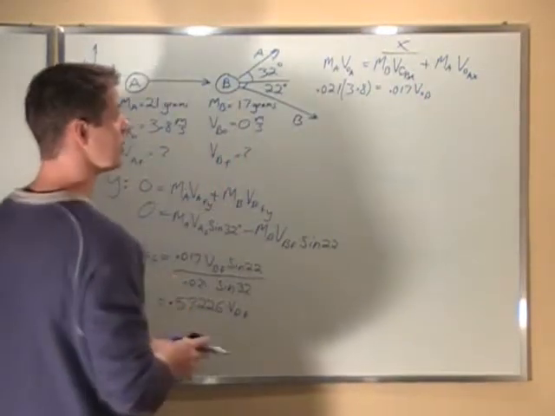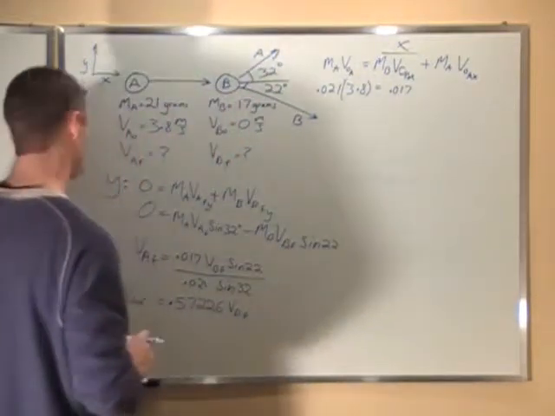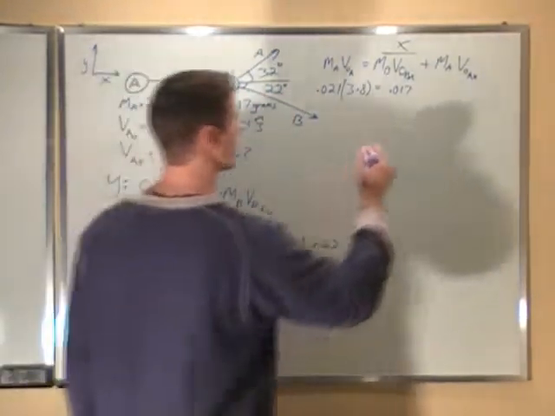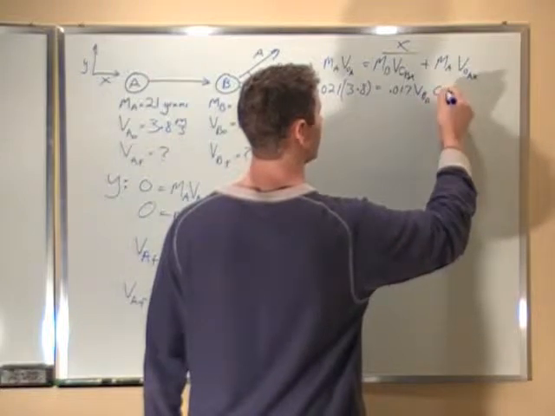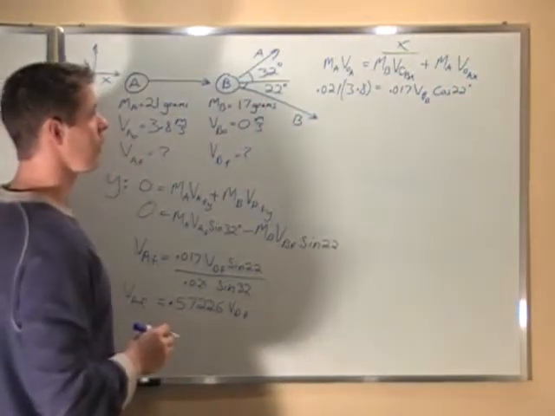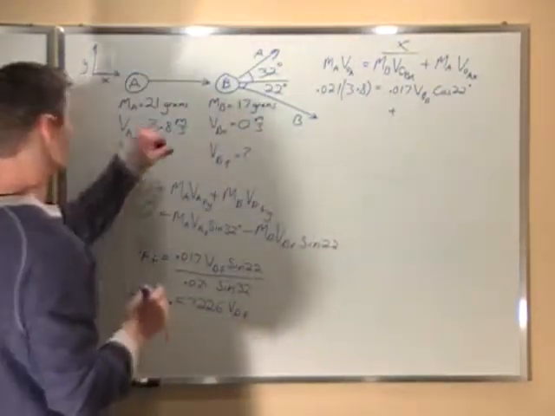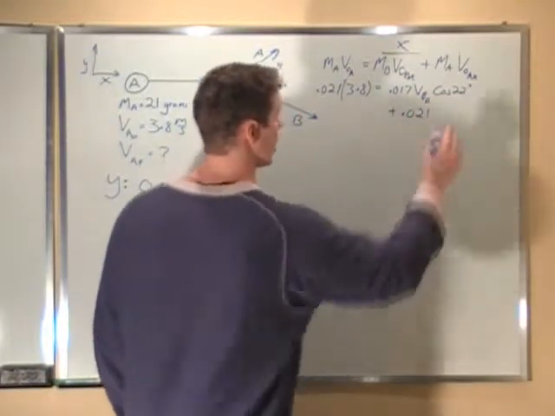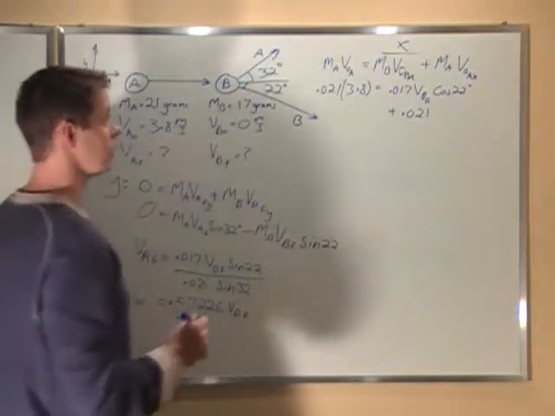So if we want to put this as the x component, why don't we write it out in terms of the total, which is going to be cosine 22. So it's going to be V naught B cosine 22 degrees. Then we add on plus mass A, which is 0.021 kilograms, times V naught A in the x direction, which is going to be cos 32.